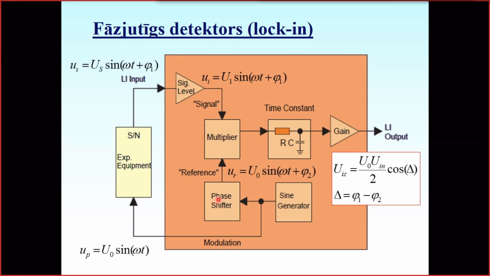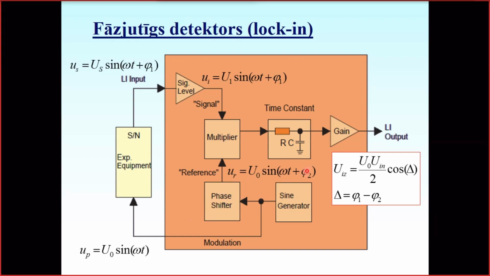Here is a stage that is required between the sine generator and the mixer or multiplier. It's a phase shifting circuit. The phase shifting circuit adds a phase shift to the sine generator signal, and this phase shifter is adjustable. We may adjust it either manually or automatically to change the phase phi2.